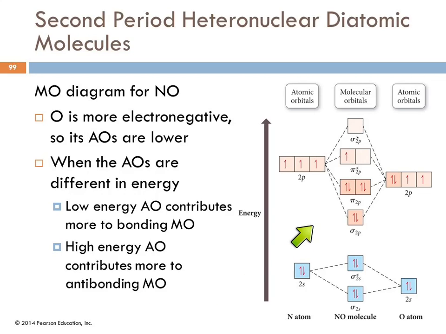And so we see this: here's the oxygen. Its atomic orbitals are lower in energy than the atomic orbitals for the nitrogen, which are a little bit higher. And so when these combine to form the sigma star and sigma, they're not split evenly. This one has more of an effect on the bonding, and this one has more of an effect on the anti-bonding. So this one's a little higher than we expect, this one's a little lower.